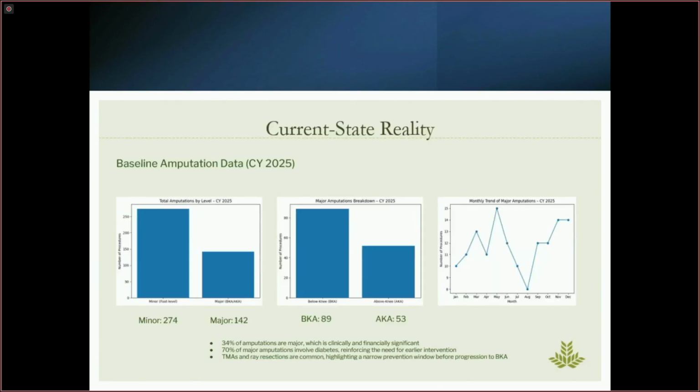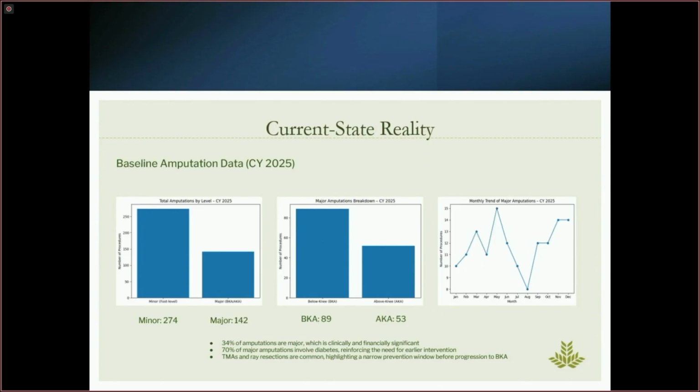We took a look at some of the data in calendar year 2025. 416 amputations were performed across all levels. 66% were contained to the level of the foot and considered minor. 34% were either at the transfemoral or transtibial location, BKA and AKA, which is clinically and financially significant. Major amputations remain substantial, with 37% happening at the AKA level.